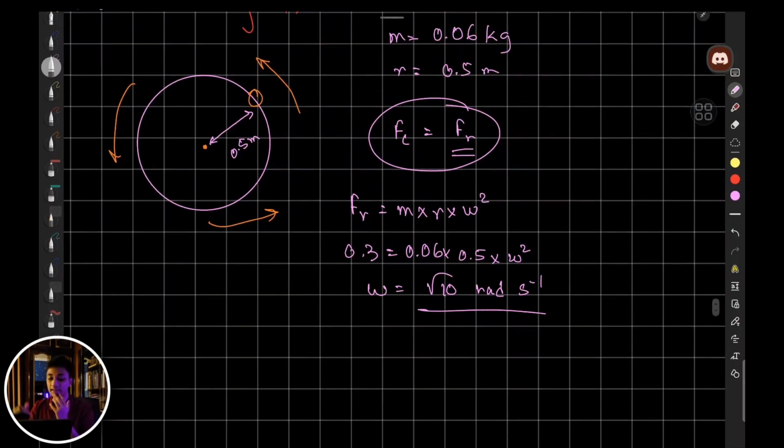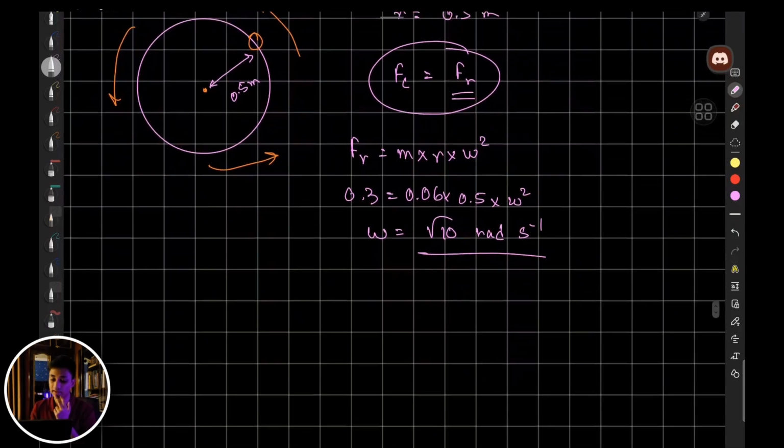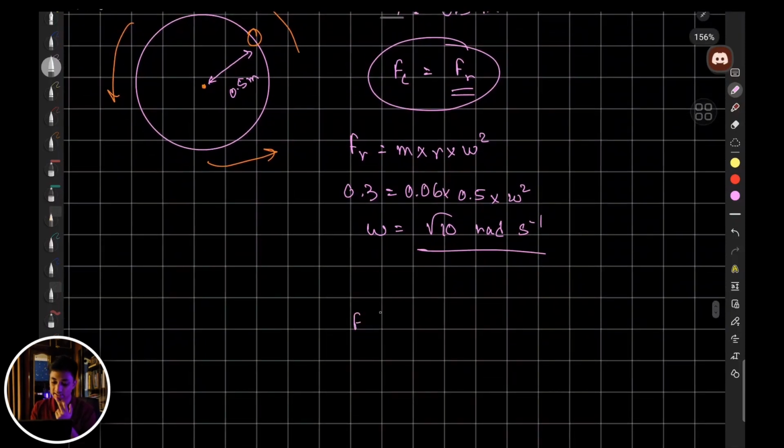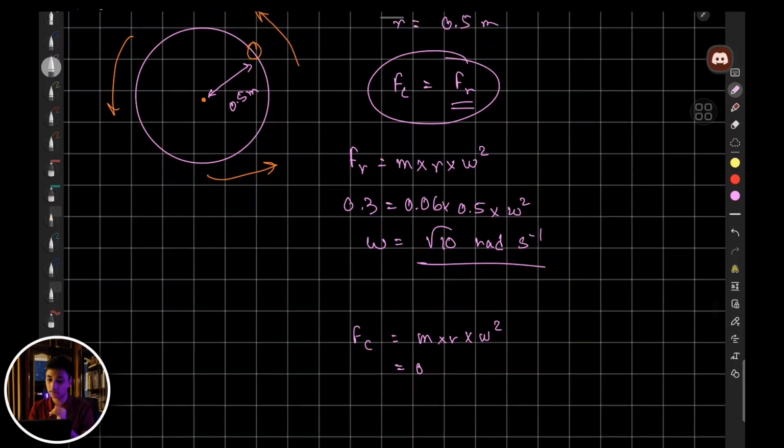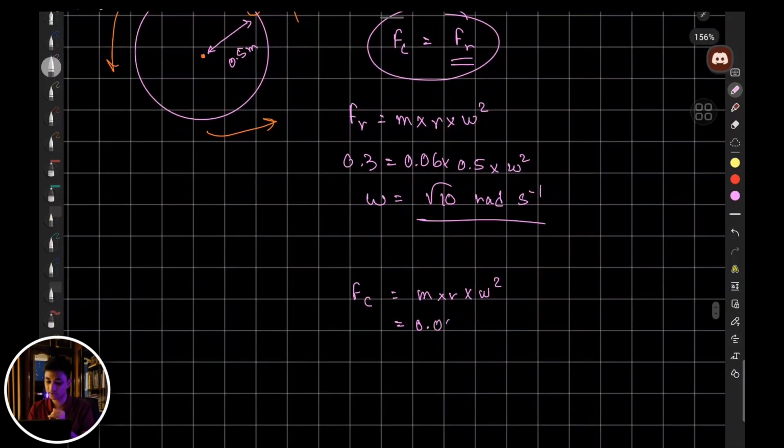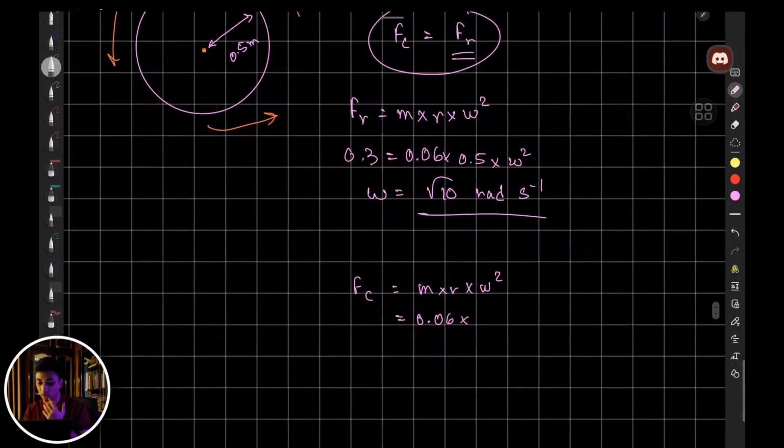What happens if the angular speed increases? Let's find that out. So let's say the centripetal force is given by m into r into omega squared. If mass stays the same, which is 0.06, times radius stays the same, which is 0.5, and if you increase the value of omega, the angular speed, what happens?